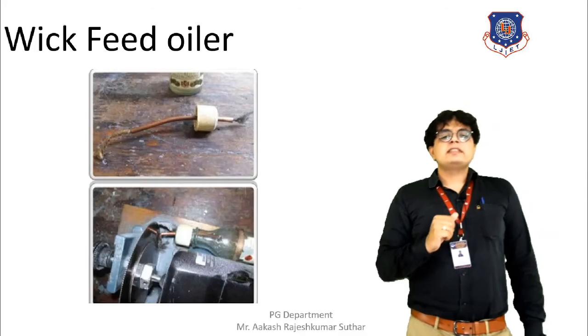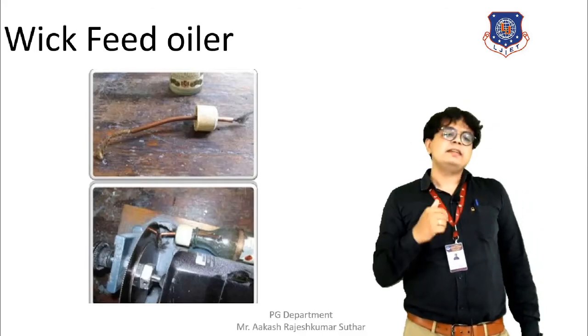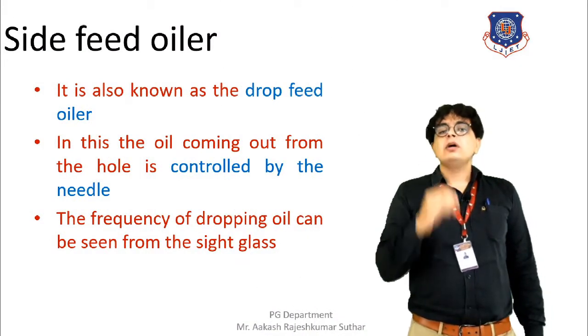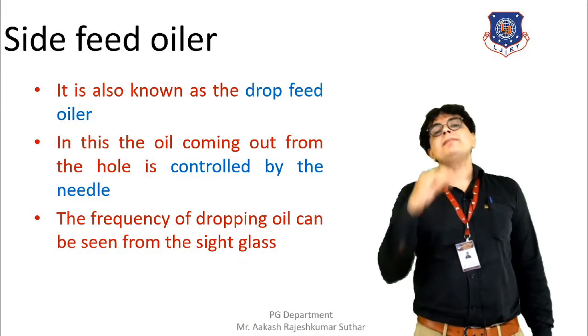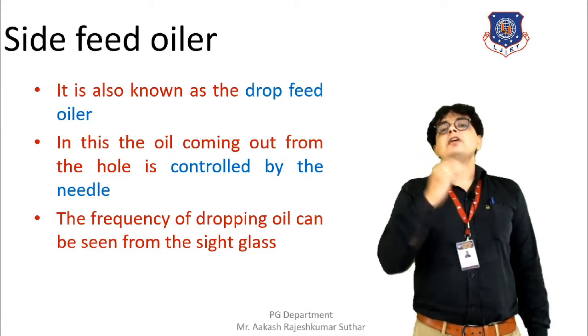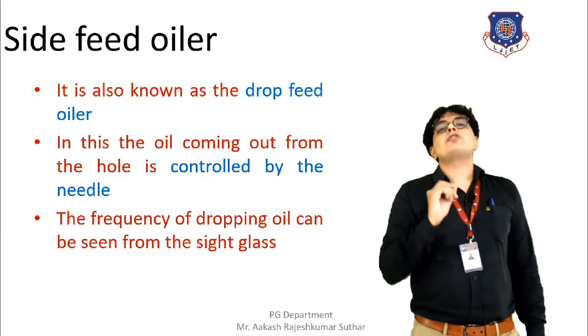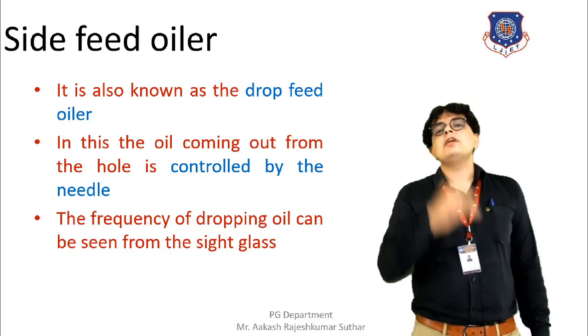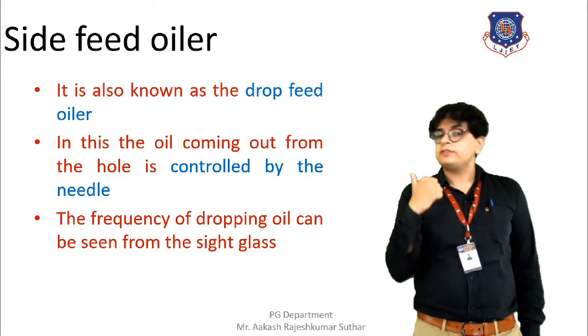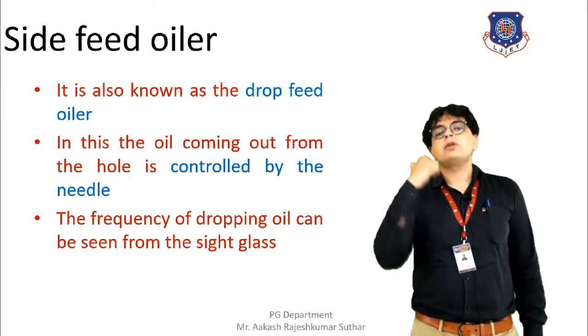Now moving towards the next type of method, that is the side feed oiler, also known as a drop feed oiler, because here the application of the lubricant is drop by drop. Drop by drop application of the lubrication is done in the side feed oiler, and because of this only it is named the drop feed method.